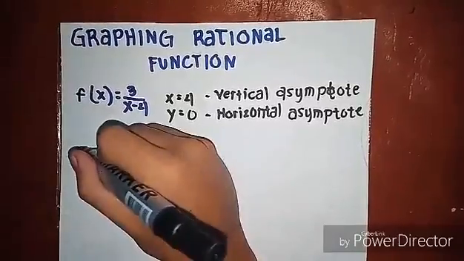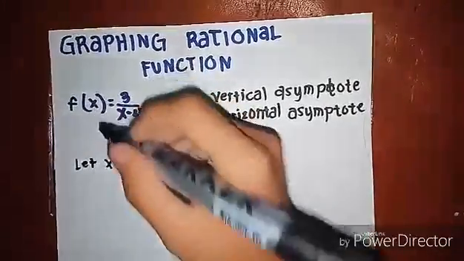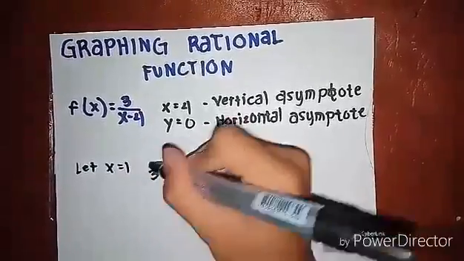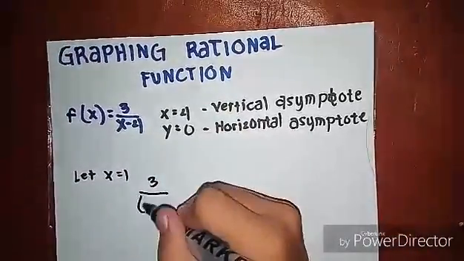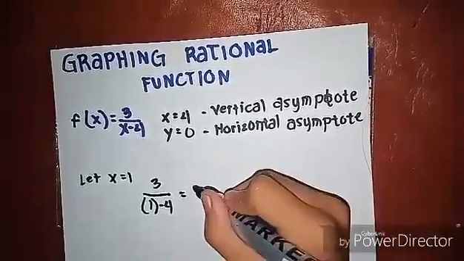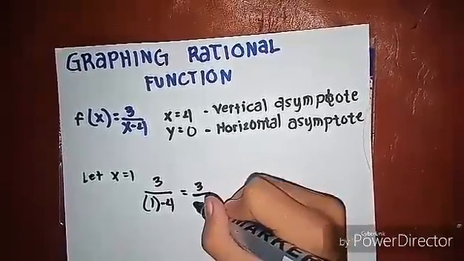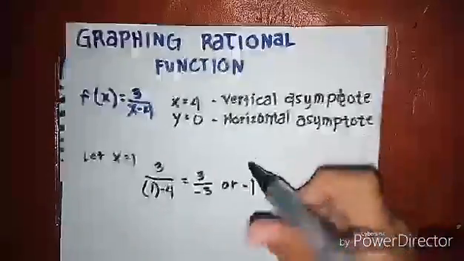So, let x is equal to 1, and substitute x to 1 in 3 over x minus 4. That gives 3 over negative 3, or negative 1, and so on.